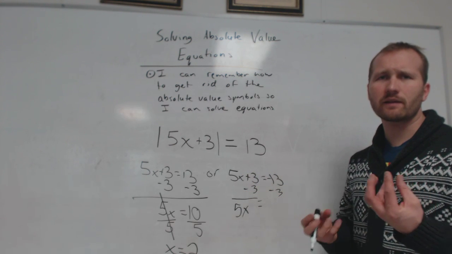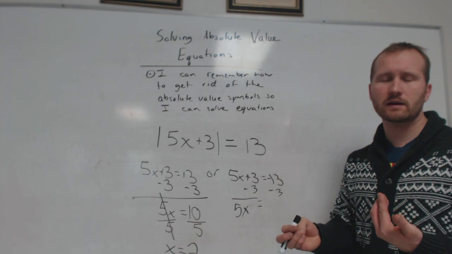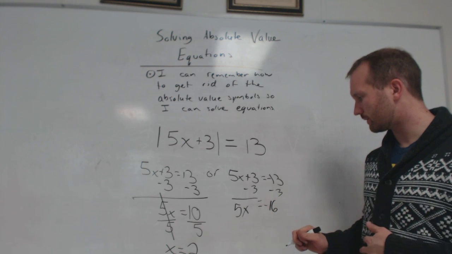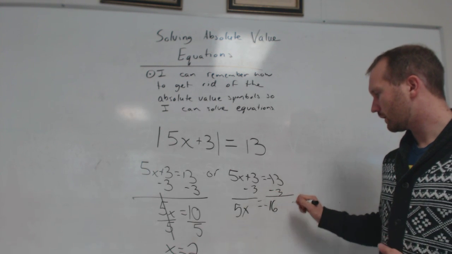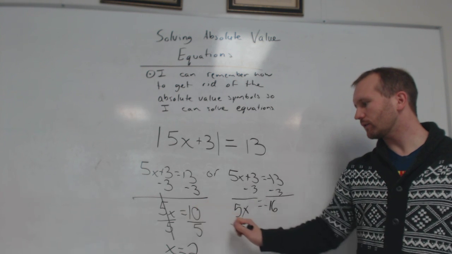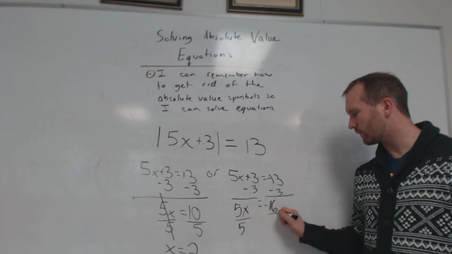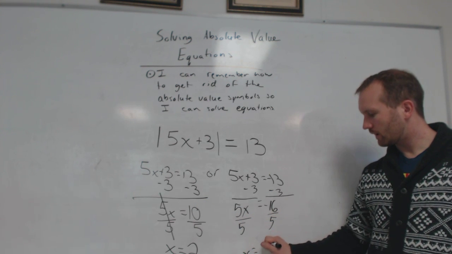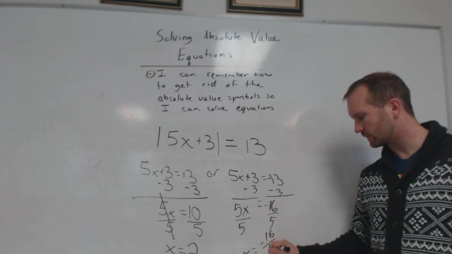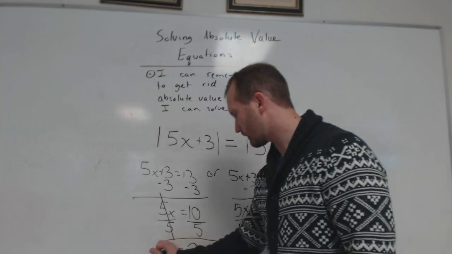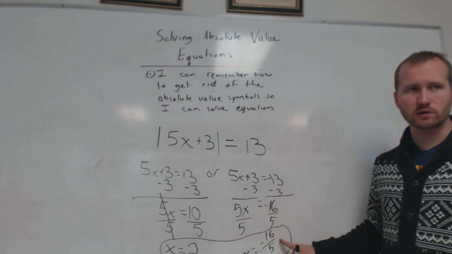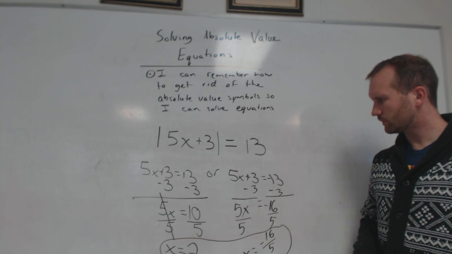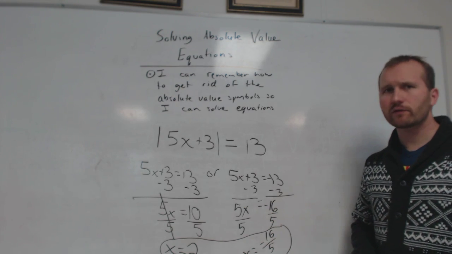So I have negative 13, and then I take 3 more away from that. Negative 16. 5x equals negative 16. Again, I do the same step over there. I divide by 5. X equals negative 16 fifths. There's no way to reduce that fraction or simplify it. So I just leave it as a fraction. And that's totally fine. You can have a fraction for an answer.